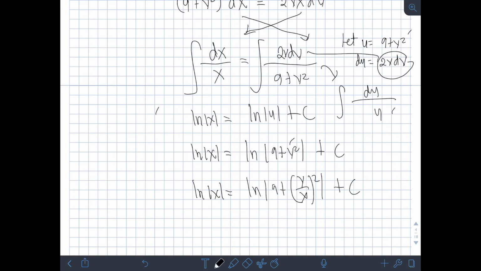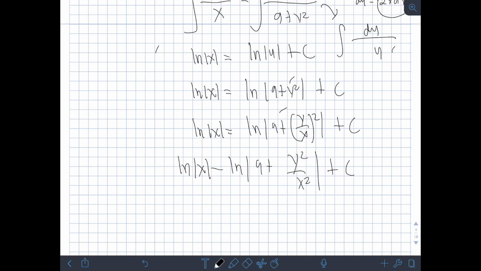Okay, so transpose ko sa kabila to, ln x minus ln of single fraction, 9x squared plus y squared over x squared, equals c. Sorry, equal c na to.